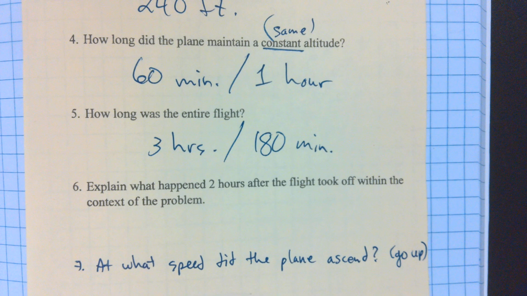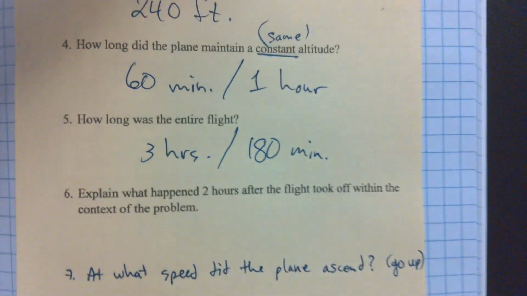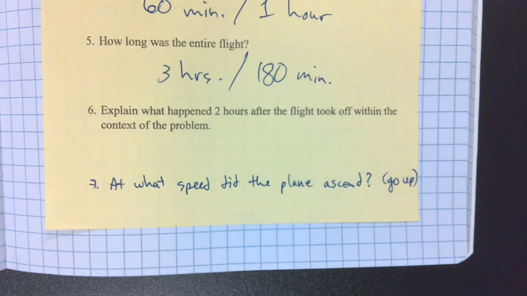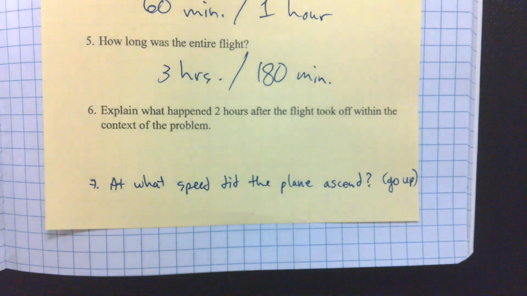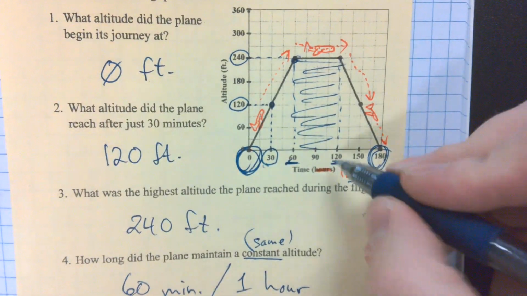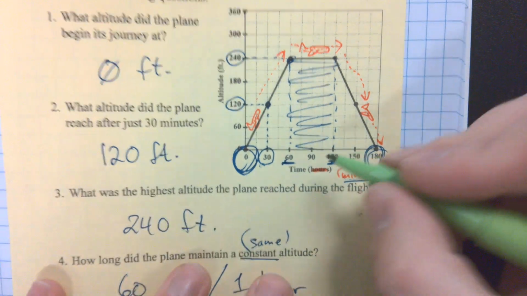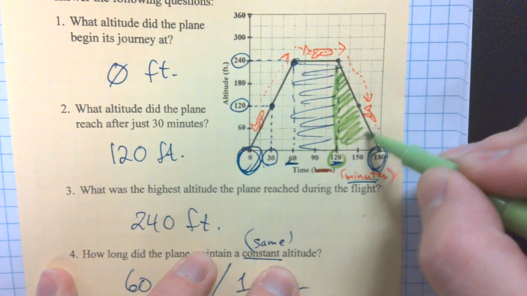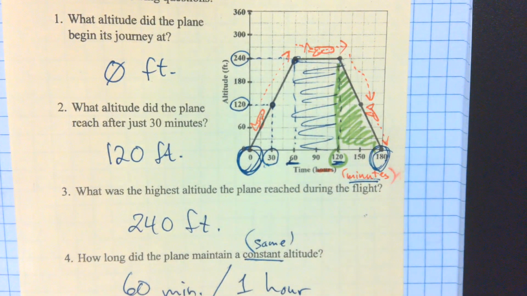And almost finally, forgot about number 7. Number 6, explain what happened 2 hours after the flight took off within the context of the problem. So whenever we're asked to explain something within the context of the problem, what's going on in this? We've got a plane that's flying. So we take a look 2 hours after the flight. That is right here at 120 minutes. So what's going on? Who could tell me in that little green triangle there?